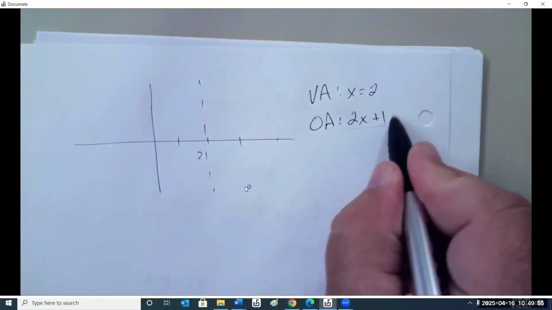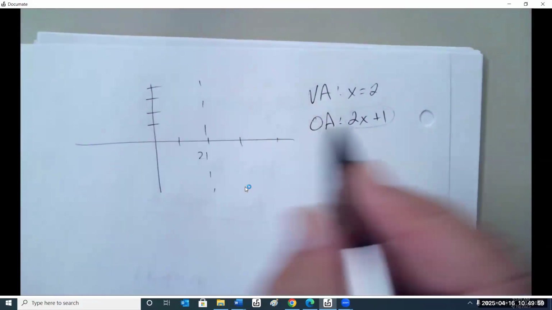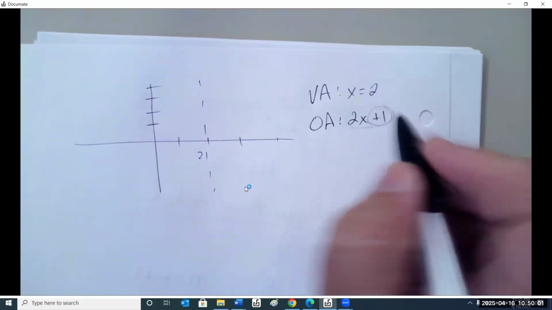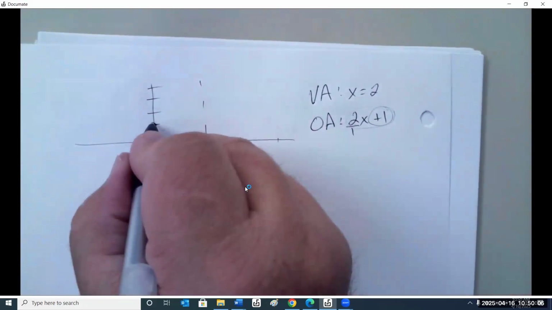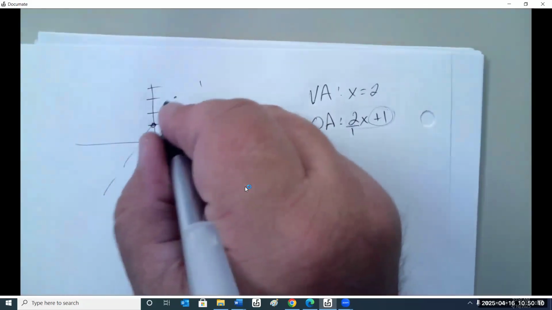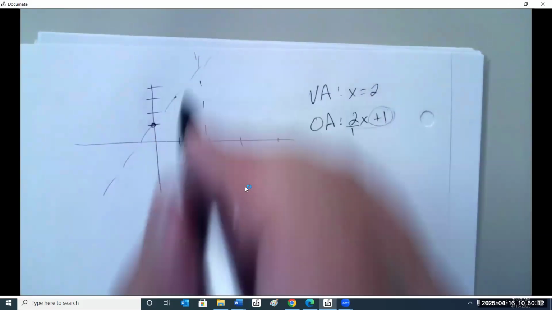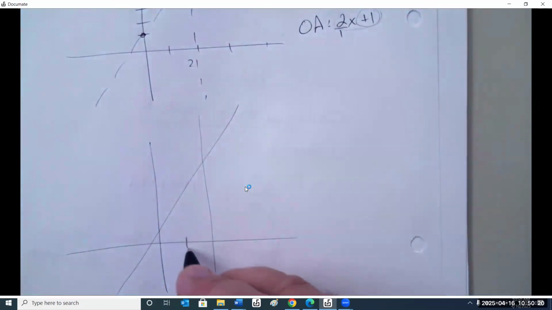So let's graph this one. The y-intercept is 1, and the slope is 2, up 2 over 1. So our graph.